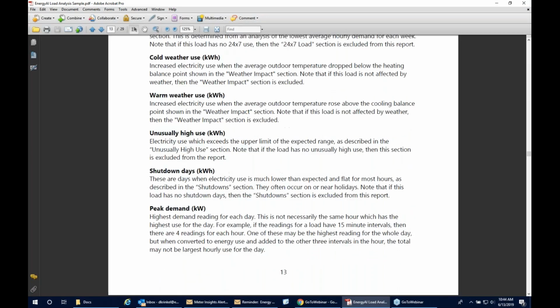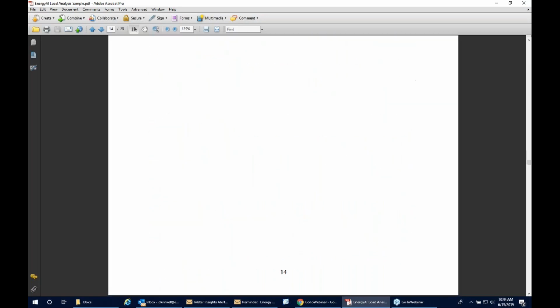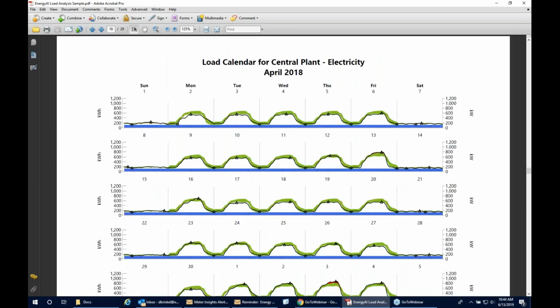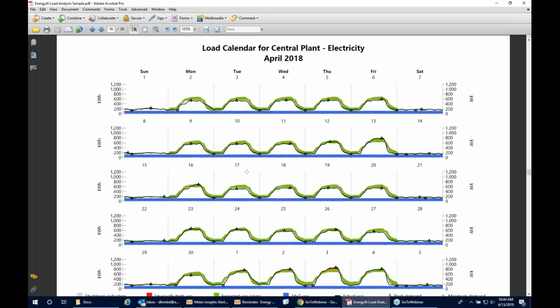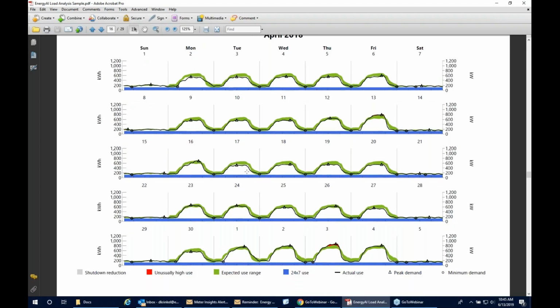I think I'm almost on time here, Tyler. I'll just sum up or show you the last half of the report, the last 12 pages usually, which is what we call the load calendar. We initially did not offer the load calendar because I thought, why have 12 additional pages just showing you graphs? But early users said, no, we want to see that because your report is not picking up everything.